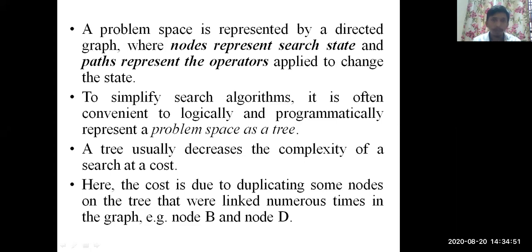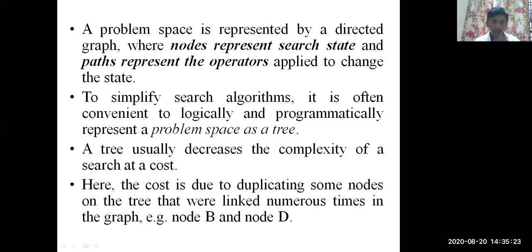So a problem space is represented by a directed graph where nodes represent search states. You need to note this point: nodes represent a search state and paths represent the operators applied to that state. When I talk about any problem with respect to AI, if it is a cyclic process, we go for a graph, and you need to keep in mind that a node is a search state and a path is your operator.